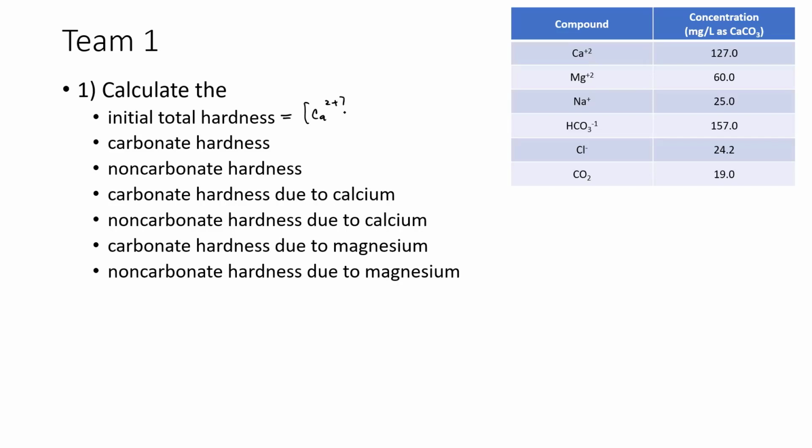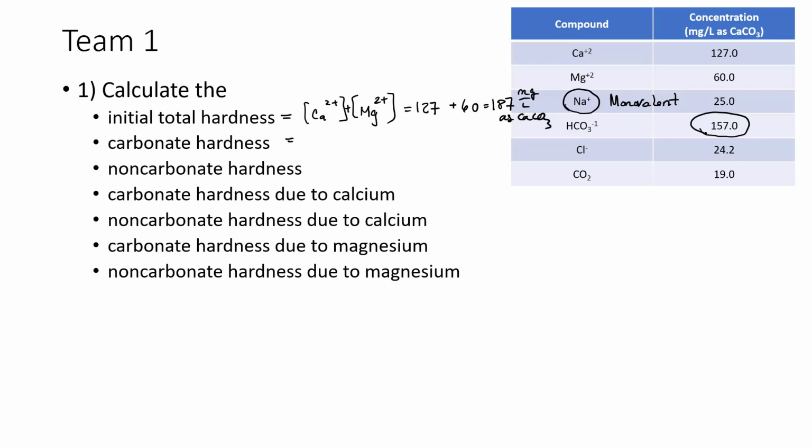Total hardness is equal to the sum of the polyvalent cations. Sodium is monovalent, so it does not contribute to hardness. So the hardness is 127 plus 60, or 187. The carbonate hardness is limited by the amount of bicarbonate.